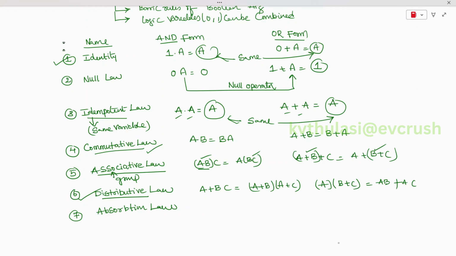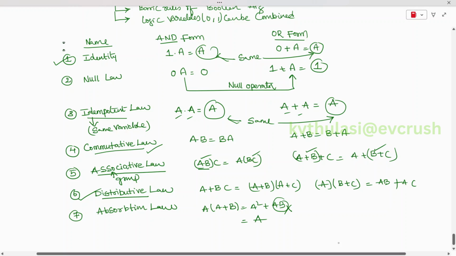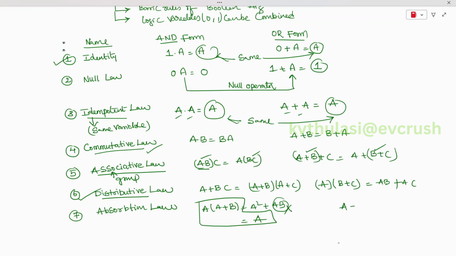A into A plus B we can write as A square plus AB, but here the B variable is absorbed and A square can be written as A. So A into A plus B is equal to A. Similarly, A plus A into B is equal to A, where the B variable is absorbed. This is called the absorption law.